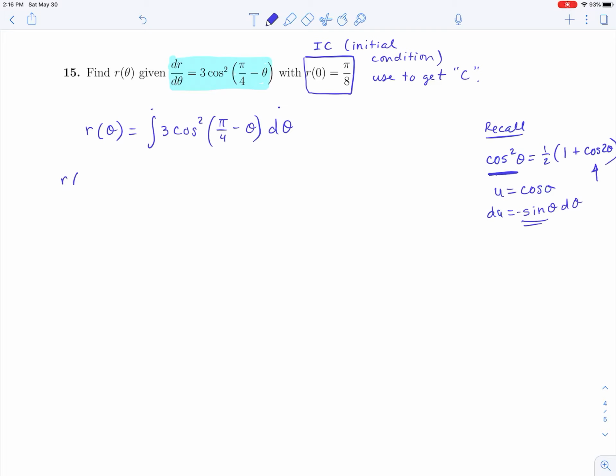So here my r of theta equals, we're going to have the integral, my 1/2 I'm bringing over here, and then I can replace the cosine squared with 1 plus cosine 2 theta, 1 plus cosine of 2 times pi over 4 minus theta, d theta.